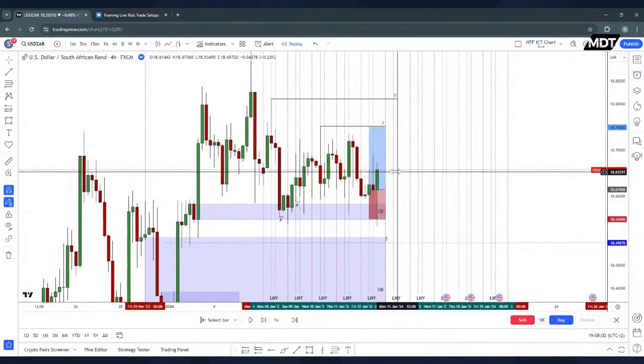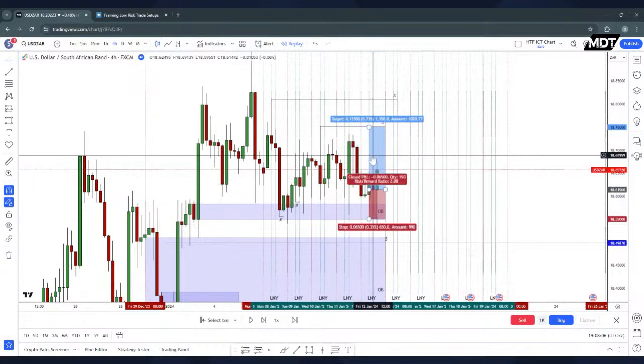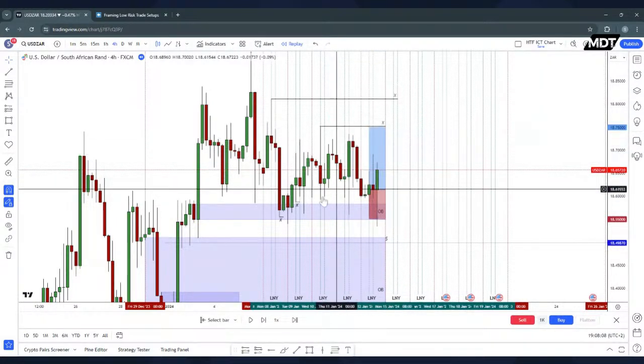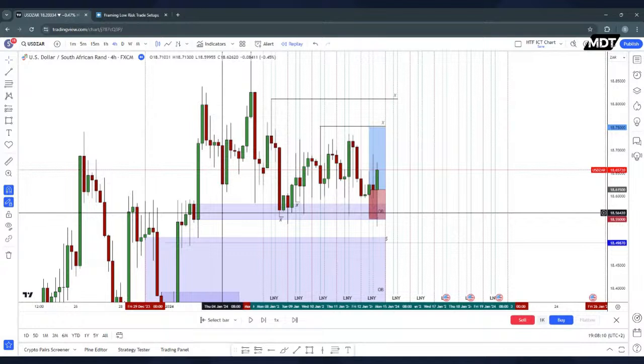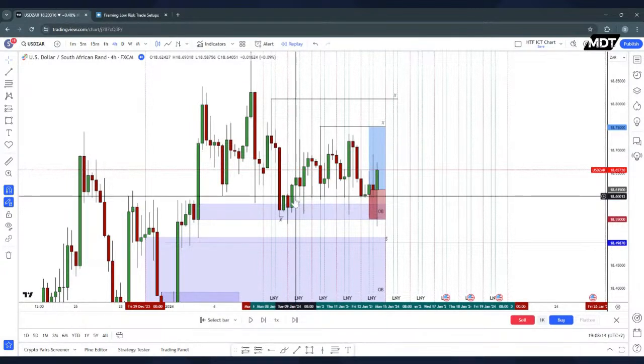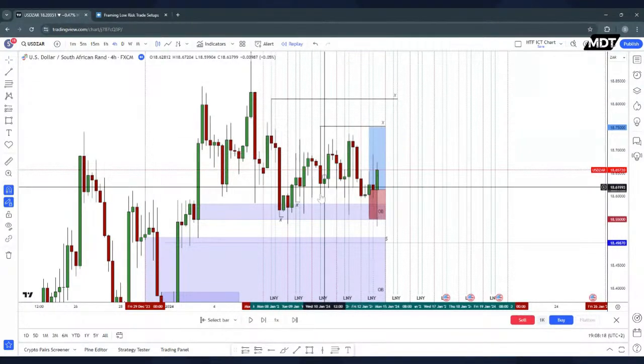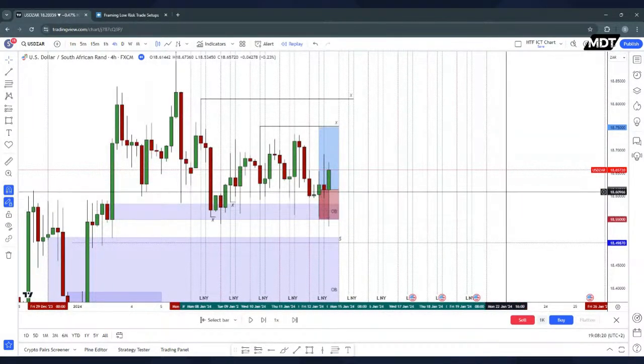I think at this point I hadn't taken anything, so I was willing to look for another run of liquidity. Let's line it up. But you ideally want one run into that key indicator area. You want to get your entry confirmation, and then you want price to move after that.